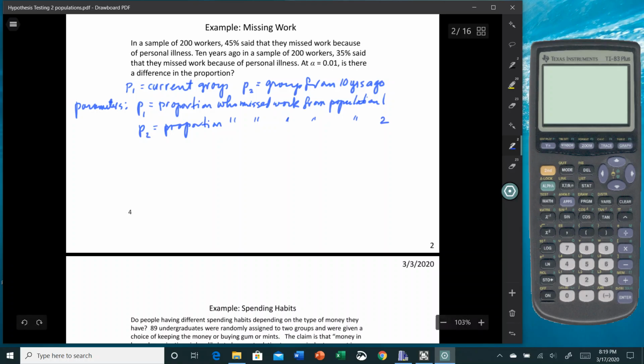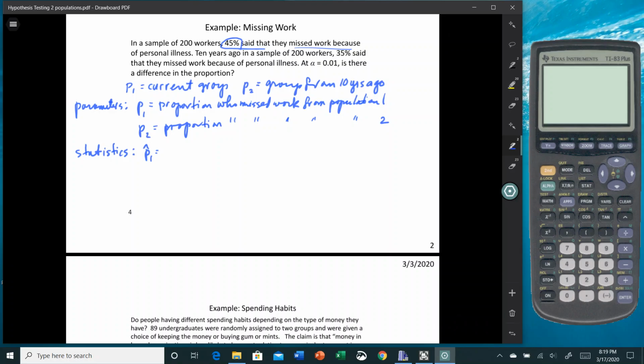Okay, now in terms of the statistics, we have point estimates. P1 hat is the proportion of individuals who missed work from population 1. In other words, that's the current group. So according to what it says here, 45% said they missed work due to personal illness.